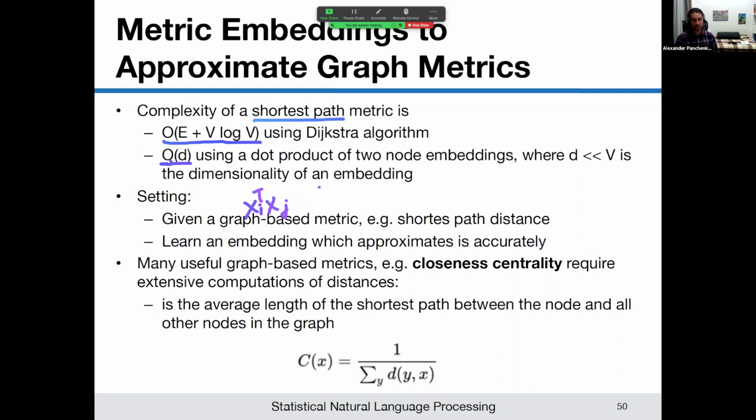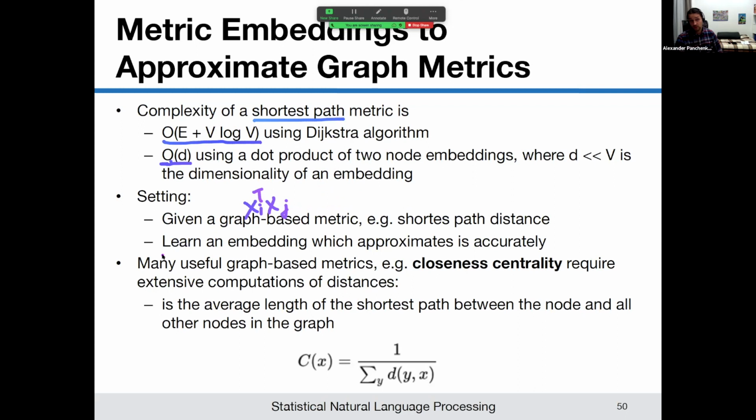So you have a sum over the d elements. And this usually is much less than this.